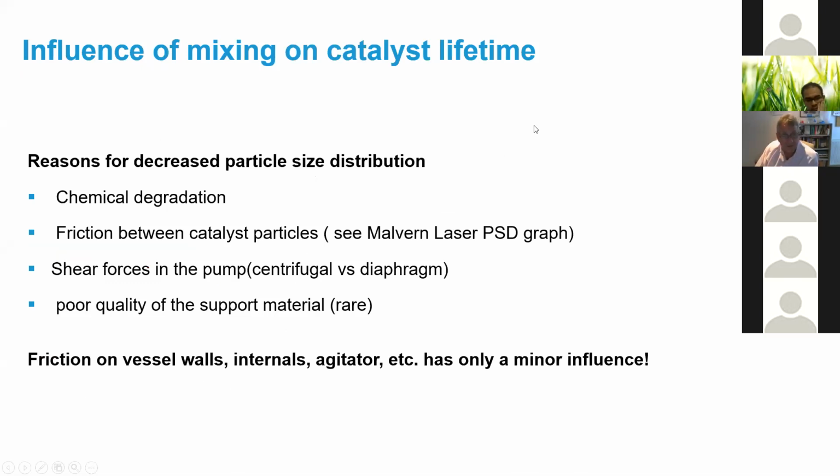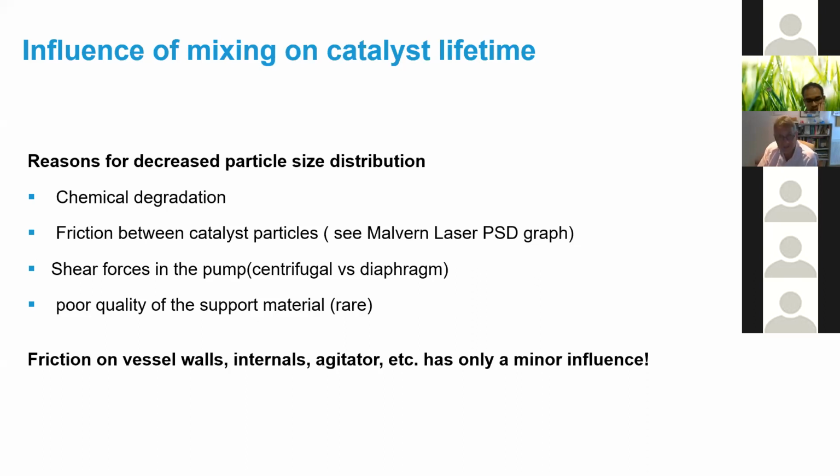So what are some of the reasons during a chemical reaction that you might get particle size reduction? What you get is chemical degradation of the catalyst. There's friction going to occur between catalyst particles. Usually there are some pumps involved in your hardware, and generally I would use a diaphragm pump.